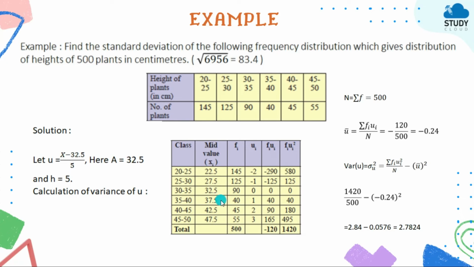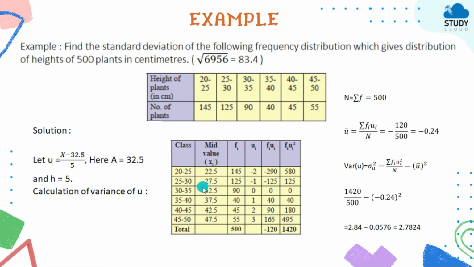Now in the previous slide we discussed that we will select the value with the highest frequency. Of both of these, the highest frequency is 90. So we will take our a as 32.5, subtract it from x and divide by 5 to find the value of u. So how did this u come here? Your x right now is 22.5, minus 32.5 upon 5, you will get minus 2.